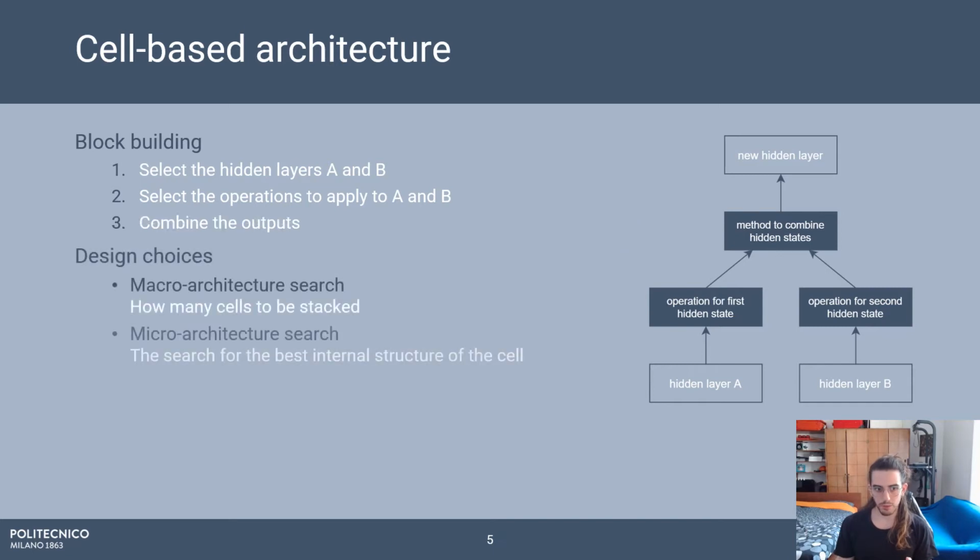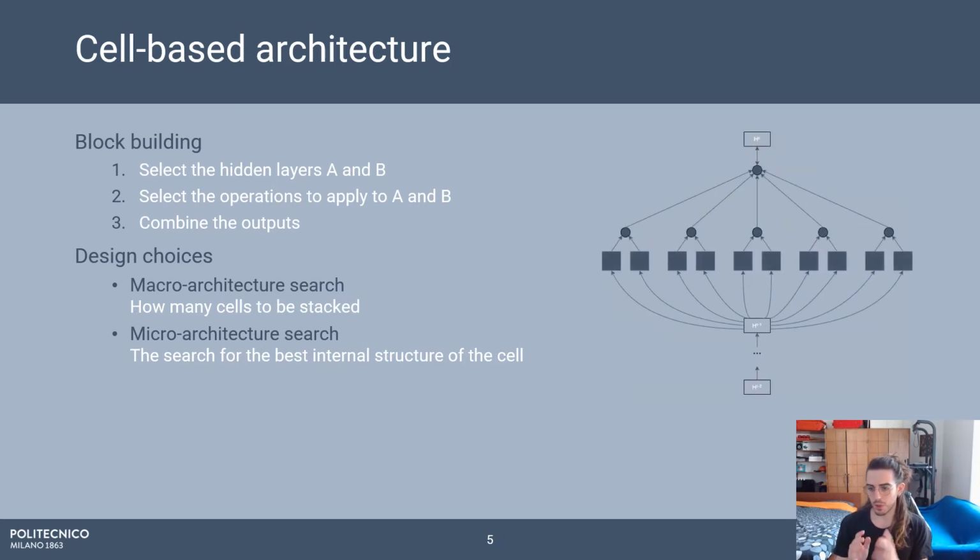So we can describe the entire problem under two main points of view. The first is the macro architecture search, which is the number of cells composed by these blocks which have to be stacked. Then we have the microarchitecture search, which is basically the research of the best internal structure for each cell in terms of number of blocks and in terms of structure of the single blocks.